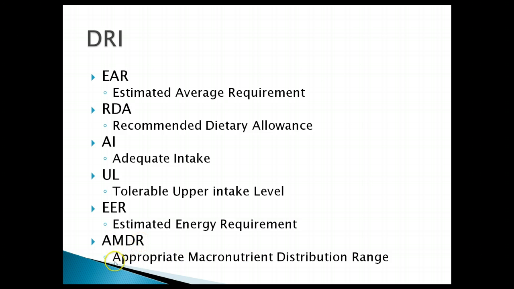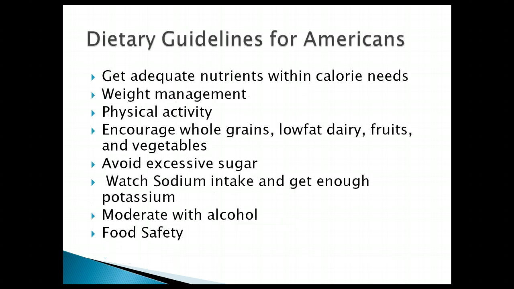So make sure you know what your appropriate macronutrient distribution ranges are for fat, protein, and carbohydrates, right? Those are your three things that give you energy, right? And we'll talk more about those when we cover specifically calories and energy and carbohydrates and proteins and fats. But this is in your book, so I'm just going to let you read about it yourself, but understand that the AMDR is very important.